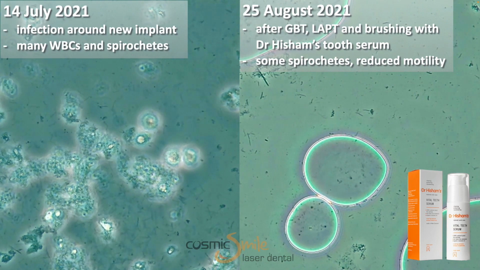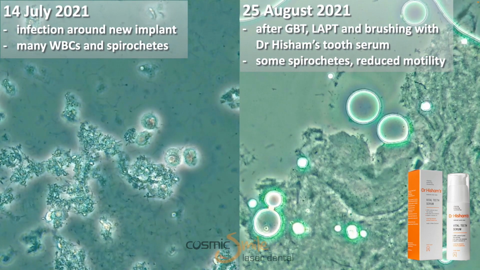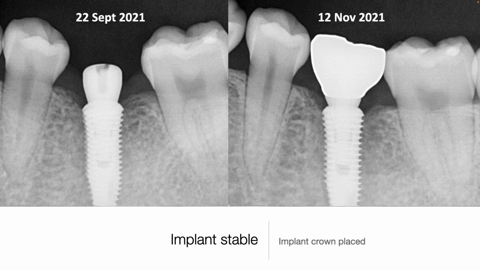So we did some guided biofilm therapy, we used laser periodontal therapy, we asked them to brush with a tooth serum, and in only 2 months we were able to reduce the spirochete count, reduce the amount of bacteria that was in the biofilm, and by September they showed no further signs of inflammation, no pocketing, and a very stable biofilm, and we were able to restore this implant by the end of the year.